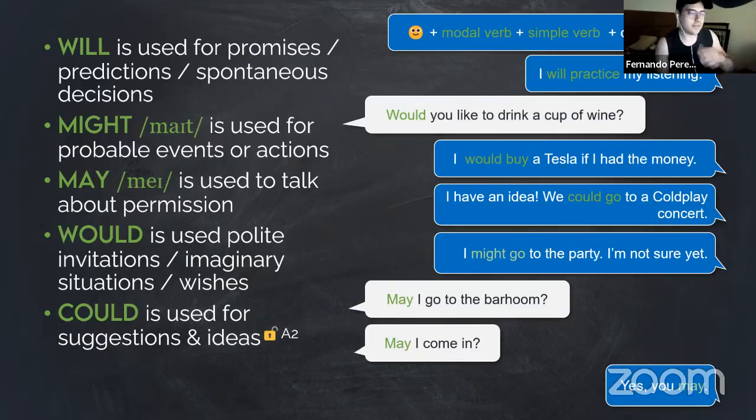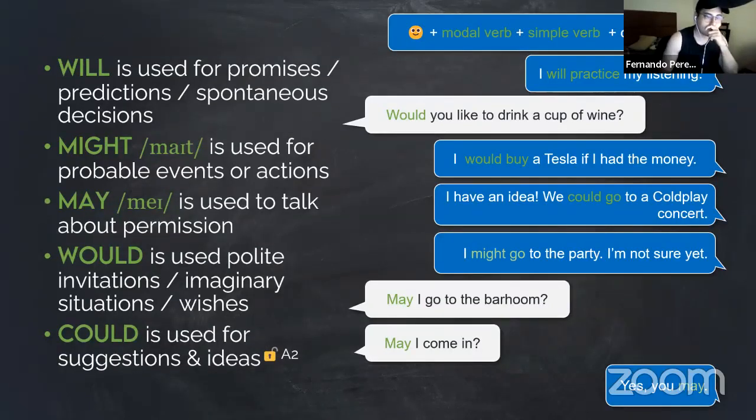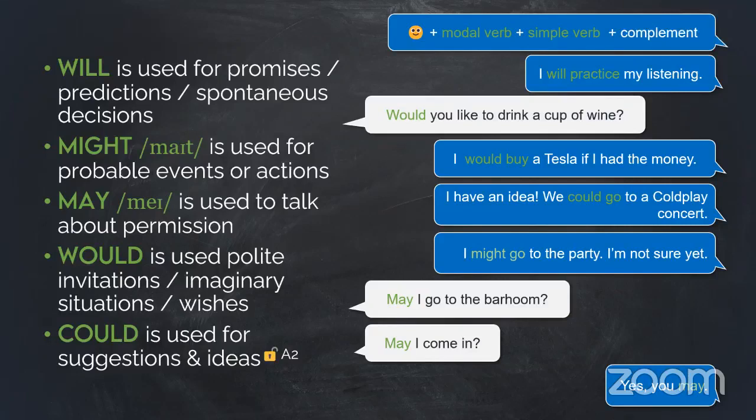Now it's going to be a lot of information. It's too much information. Let's practice. Thank you, Virginia. Very good.